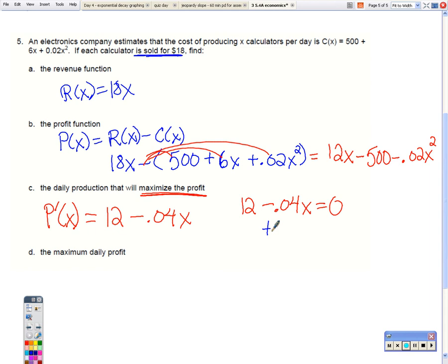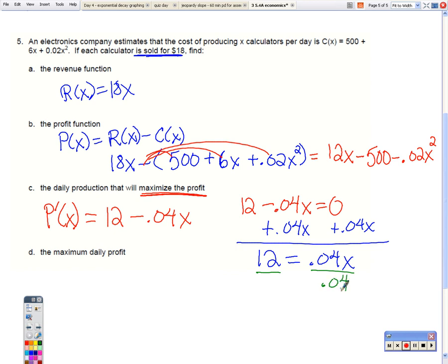I'm going to add the x term to the other side. So we get 12 equals 0.04x. We're going to divide by 0.04. So we get x equals 300, and we are producing calculators.